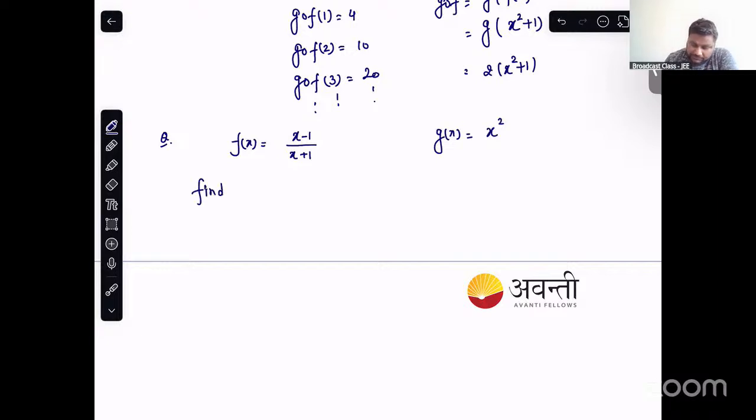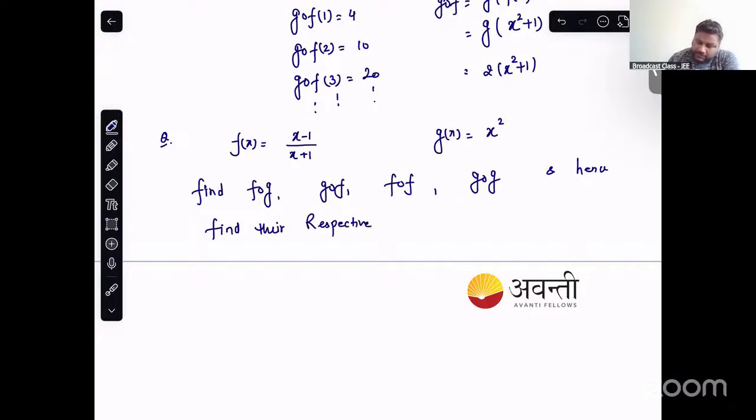Find fog, gof, fof, gog, and hence find their respective domain and range. Yes. Give it a try quickly.